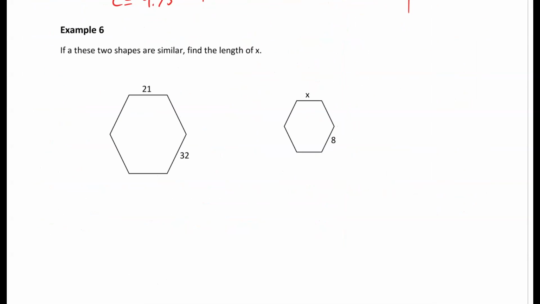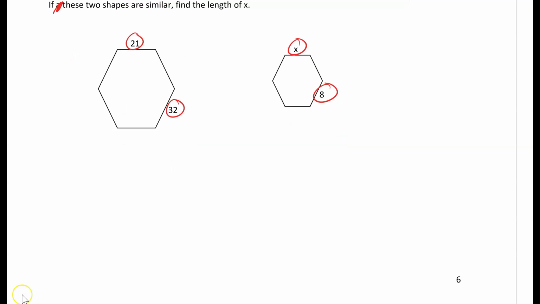In example 6, we have, if these two shapes are similar, find the length for X. So we have 21 matching up with X and 32 matching up with 8. To find our scale factor, we always have our scale over our original.